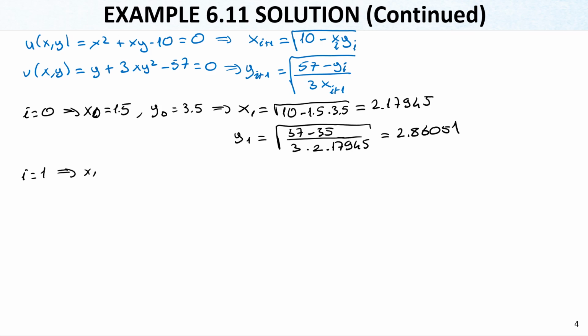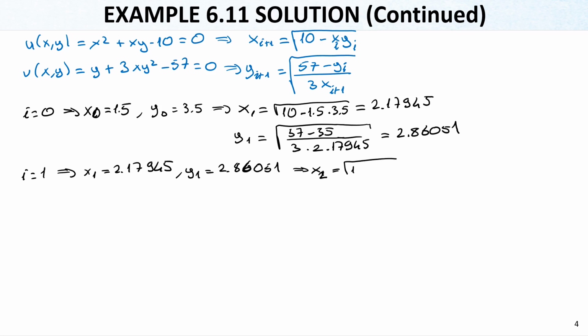For this, x1 is 2.17945 and y1 is 2.86051. Then let's start with x1, sorry, x2 this time.